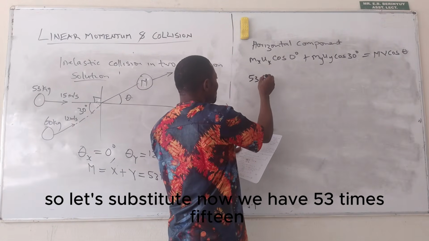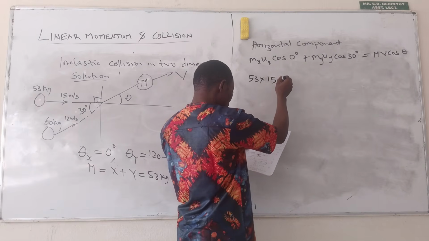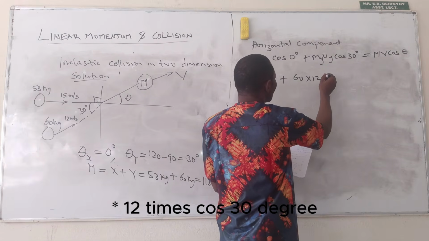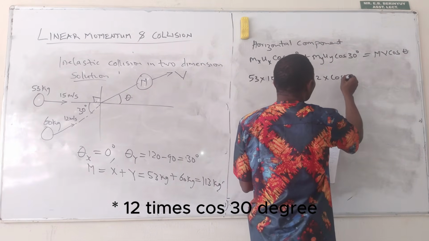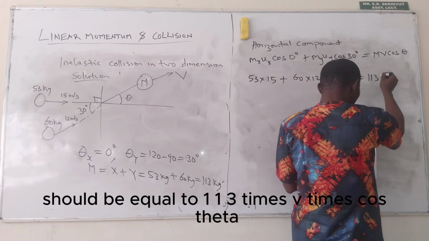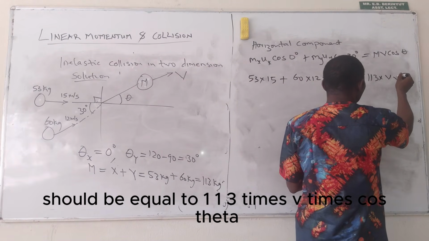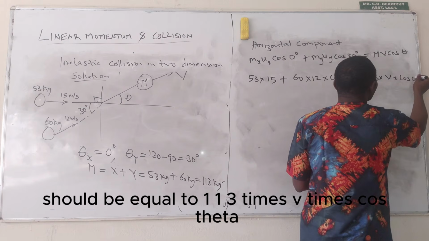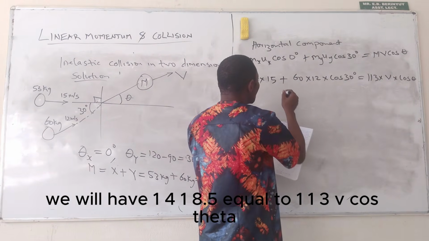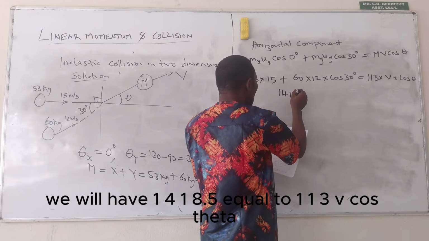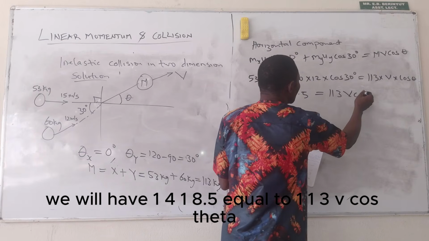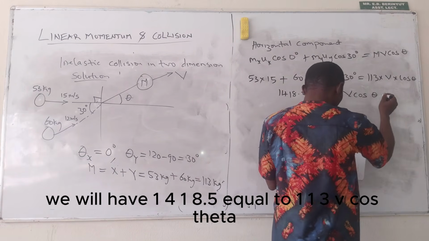We have 53 times 15 plus 60 times 12 times cos 30 degree will be equal to 113 times v times cos theta. If we simplify this, we will have 1418.5 equal to 113 v cos theta.